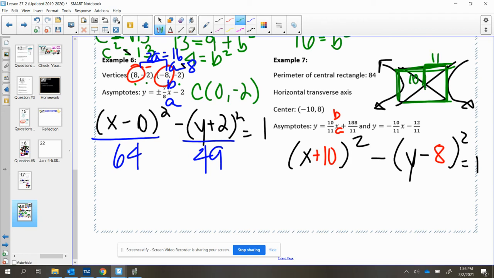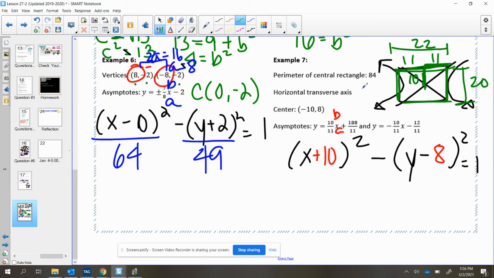The asymptote line slope. So this would be 11, this would be 10, which means the whole side here would be 22, the whole side here would be 20. Well, if we add this all up, we have to be careful. 22 plus 20 plus 22 plus 20, this one worked out that this ended up being 84, okay? But what if I had told you that the perimeter around the central rectangle was double that?